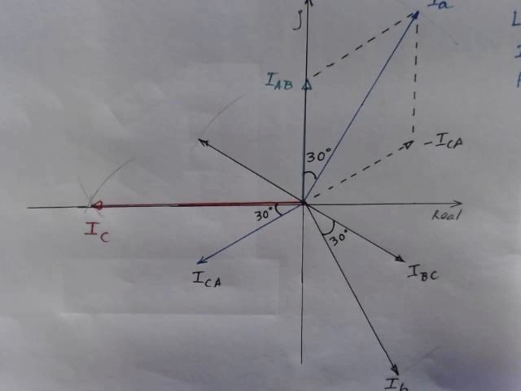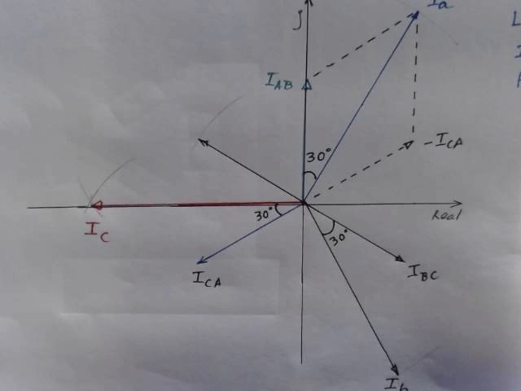Here on the vertical line, you can see the current in the phase AB, making 120 degrees with IBC, and IBC is making 120 degrees also with ICA.